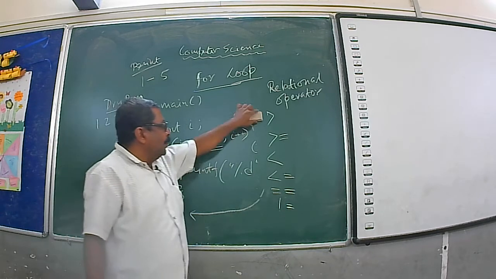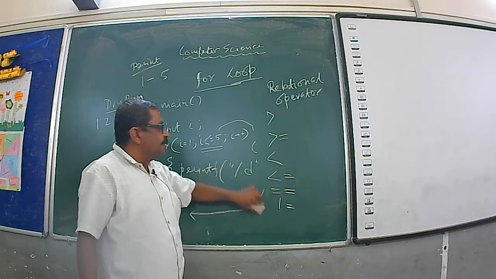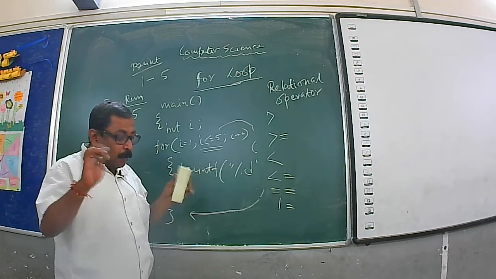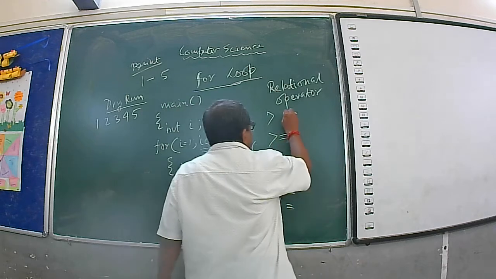Total 1, 2, 3, 4, 5, 6. I am giving examples of how it works for every case.